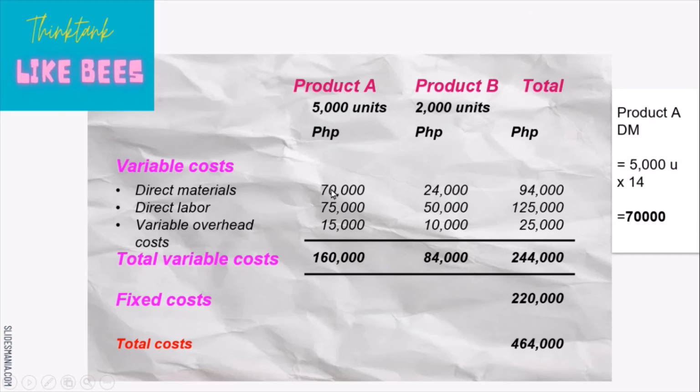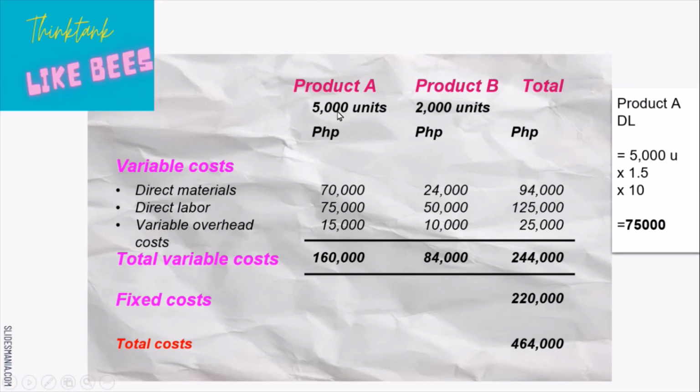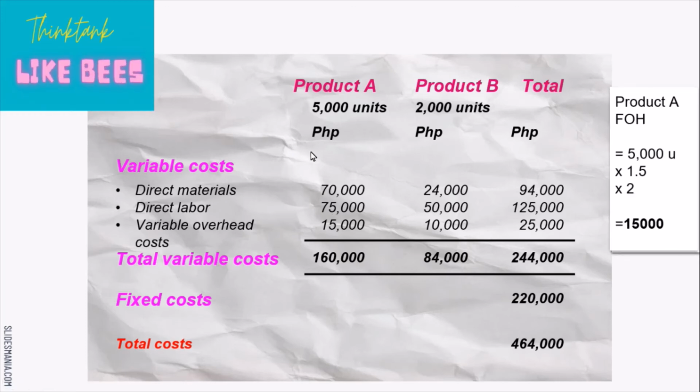Direct labor, we have 5,000 units multiplied by 1.5 hours and multiplied by 10 pesos. So we have 75,000. For the variable overhead, we have 5,000 units multiplied by 1.5 times 2 pesos. So we have 15,000. So all in all, product A had 160,000 variable costs.